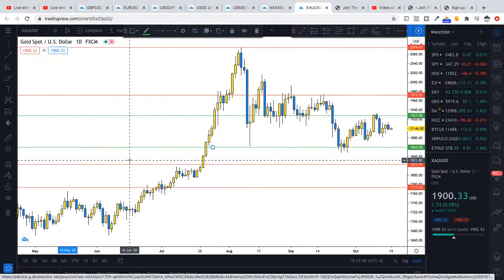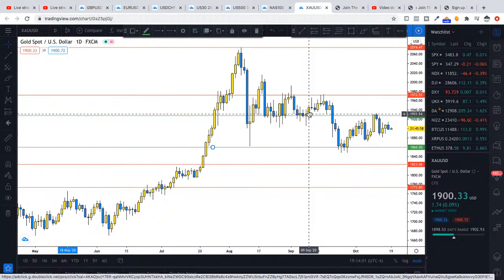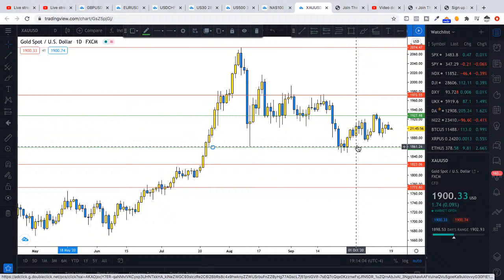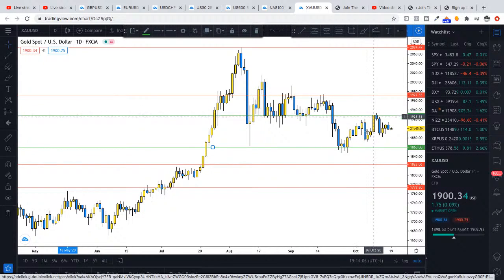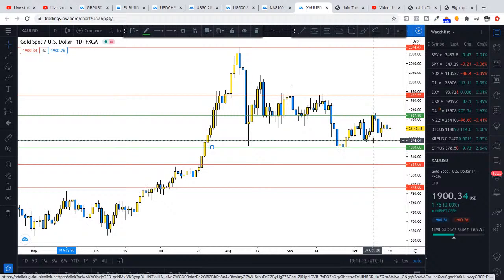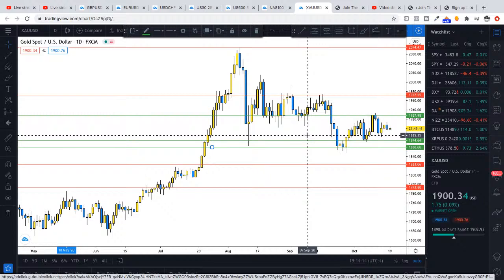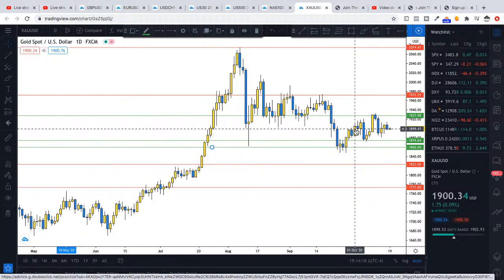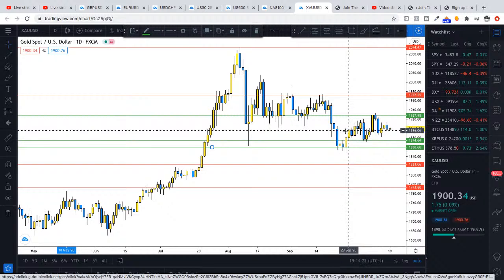Price is clearly moving to the downside, but now it's trying to break back up. This zone right here.